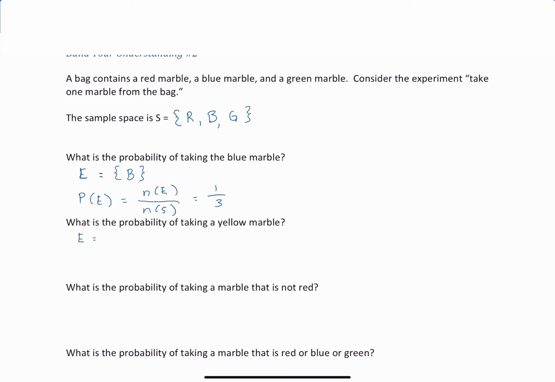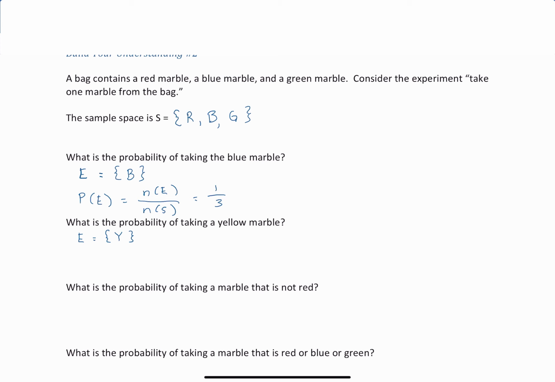I realize now in the examples above, I didn't write down an event E for something that wasn't in the sample space. So if you wrote down E is the set of outcomes containing only Y, I totally get why you would do that, because that seems to make sense.